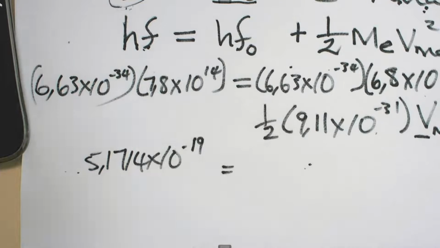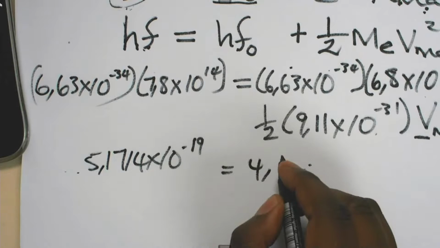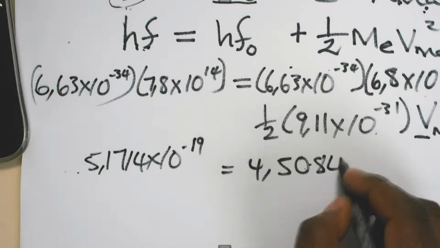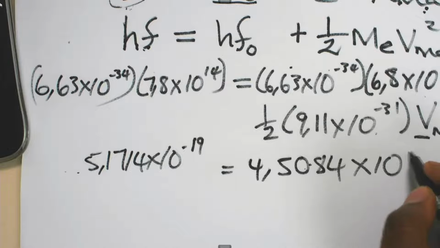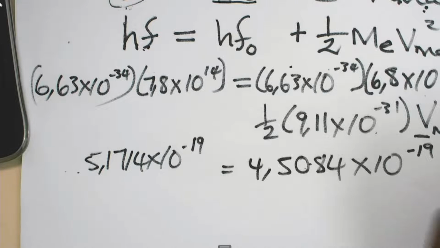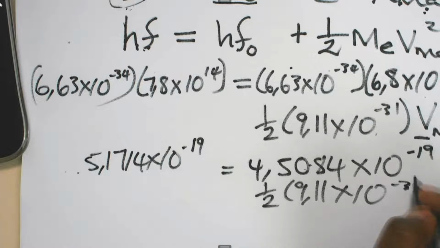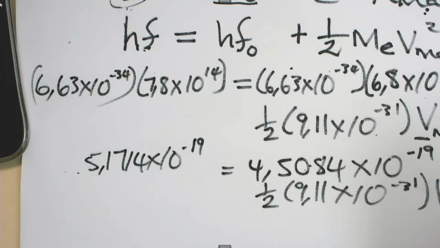And then on the right hand side we have 6.63 times 10 to the power minus 34 multiplied by 6.8, which is our threshold frequency, times 10 to the power 14. It gives us 4.5084 times 10 to the power minus 19, and then we still have half times 9.11 times 10 to the power minus 31, and then v max squared.